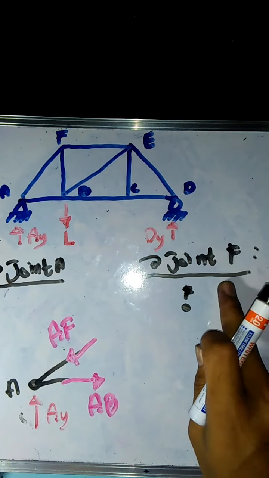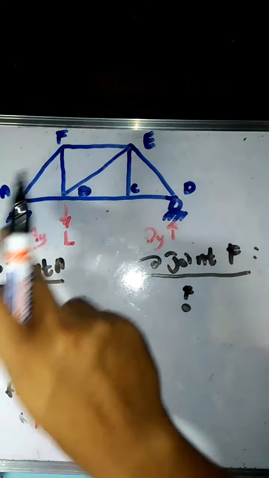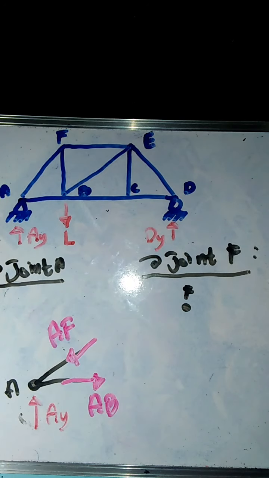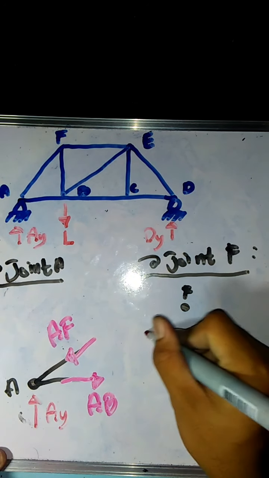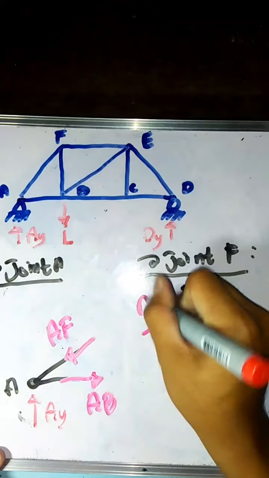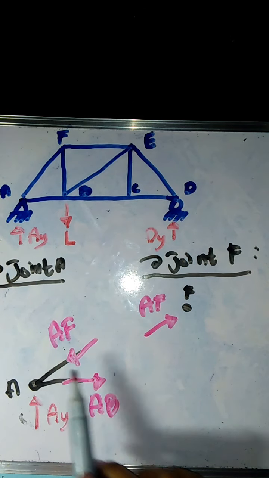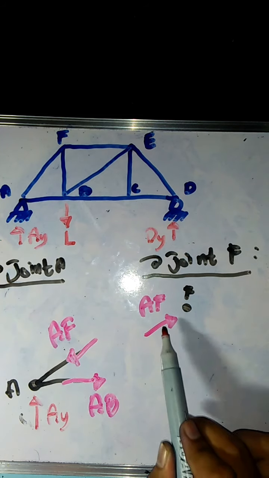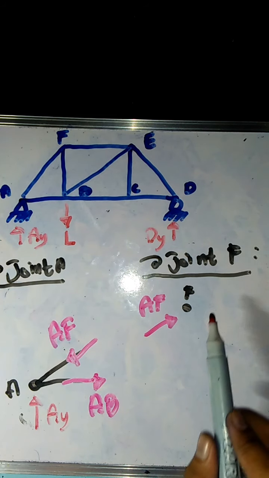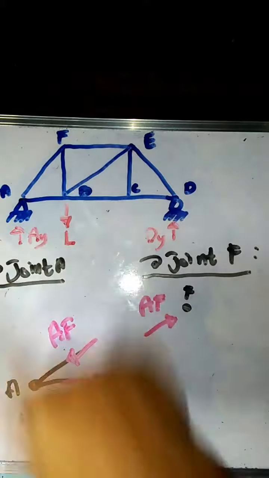Kung i-analyze din natin yung joint F, yung member AF din is dapat compression. Gets ba yun? Kung sa joint A, yung AF is compression, dapat sa joint F din yung AF is compression.